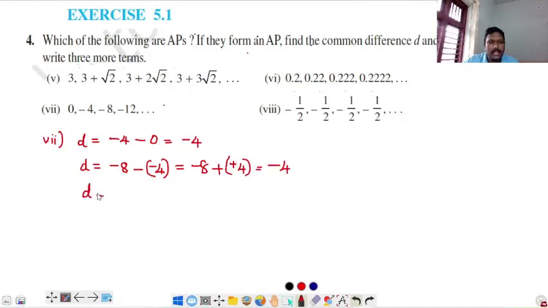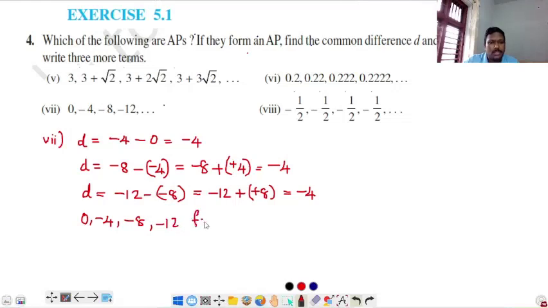Now next D we can find by A4 minus A3, that is minus 12 minus minus 8, which becomes minus 12 plus 8, the additive inverse, so that is equal to minus 4. So we got the same common difference here. So we can say 0, minus 4, minus 8, minus 12 forms an AP.